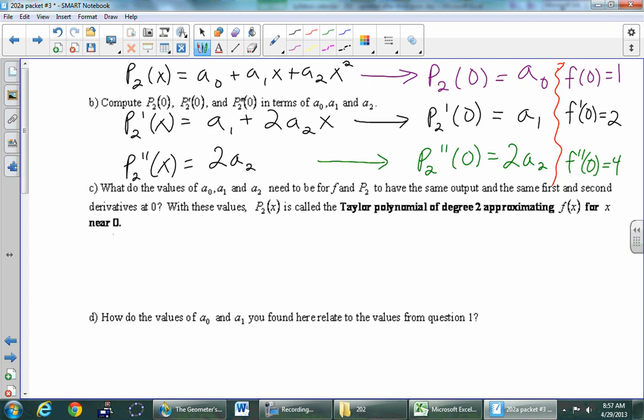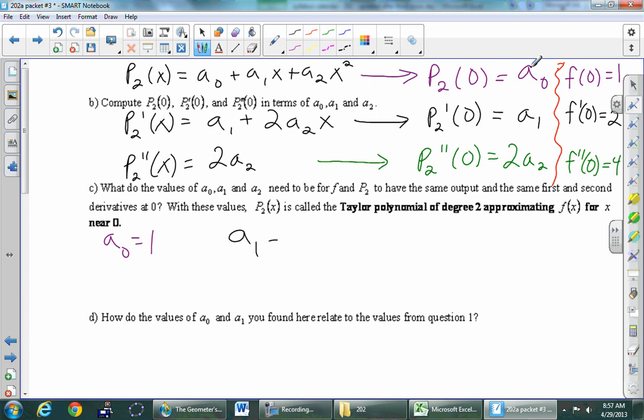So let's make the purple things equal. What does that say? It says a sub 0 is 1. Then we'll make the black things equal to each other, which tells me that a sub 1 is 2. And then finally we make greens equal to each other. This one, we'll have to do a tiny bit of work, but the green says that 2a sub 2 is supposed to equal 4, which means that a sub 2 is really 2.